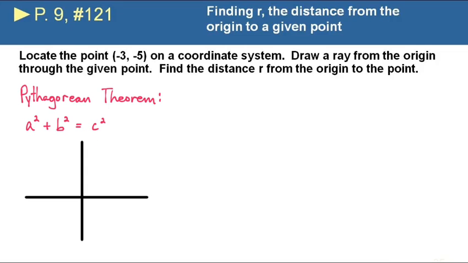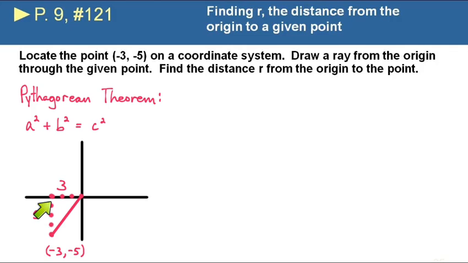If I draw a coordinate system and I find the point -3, -5, and we'll just say that it's there, then that's the distance that we're after from the origin to that point. Now, I can think of this as the hypotenuse of a triangle, and I can draw a vertical side and a horizontal side. And the location of the point tells me how long these sides are. The horizontal side is 3, and the vertical side is 5.